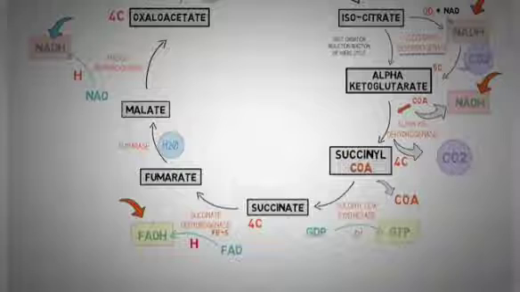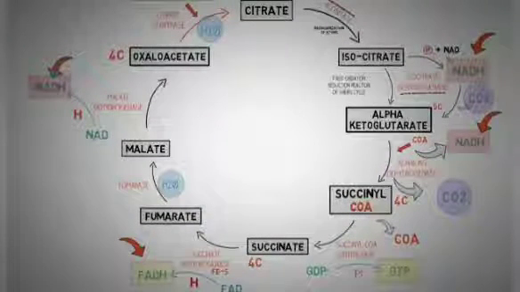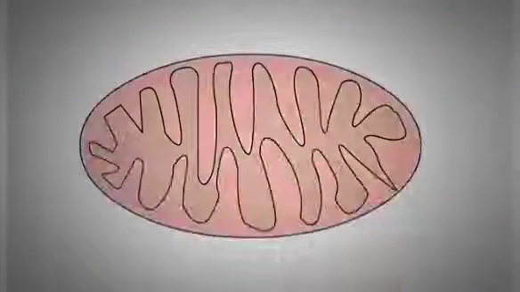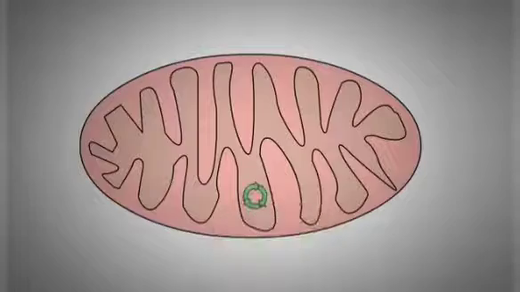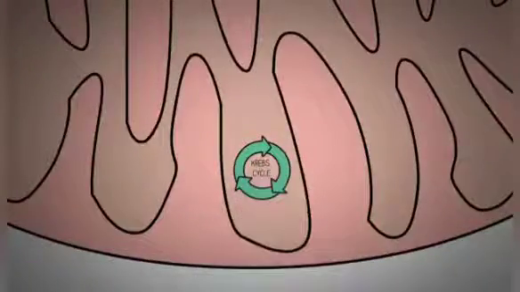Now let's talk a little bit about how much energy is produced in the Krebs cycle. Most of the energy that is produced in the Krebs cycle is via the reducing equivalents, the NADH and FADH, that are subsequently utilized in the electron transport chain.